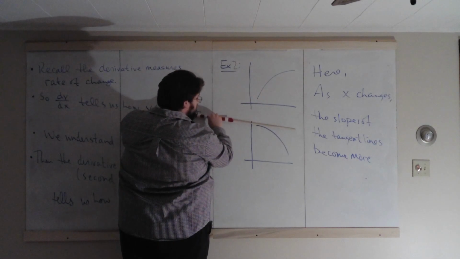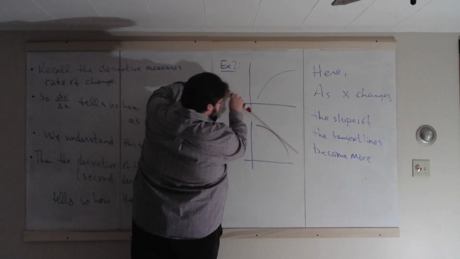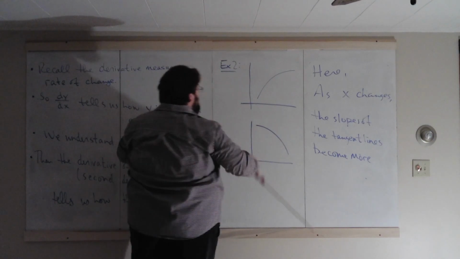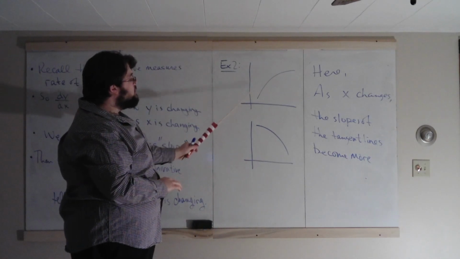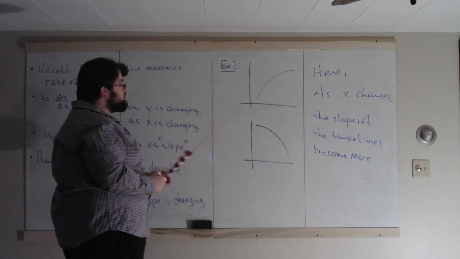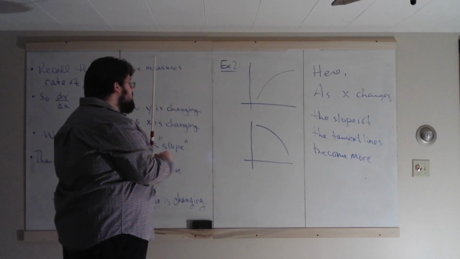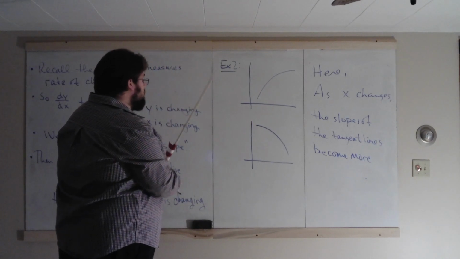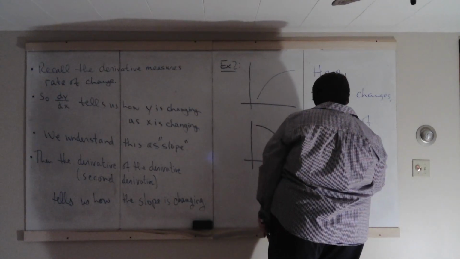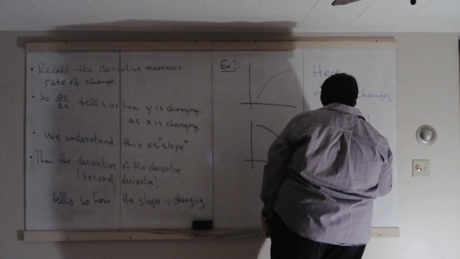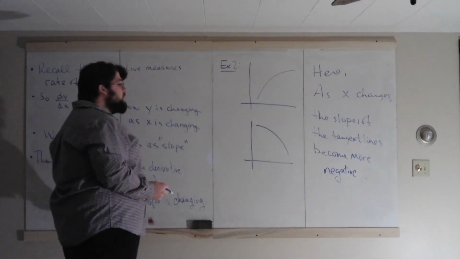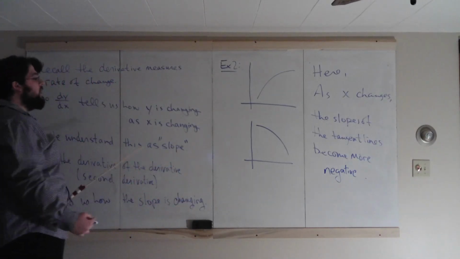So up here it starts as a large positive number and becomes less positive. Here it starts as a small negative number and becomes a larger negative number, where large is in absolute value language. But in each case, the slopes of these tangent lines become more negative.